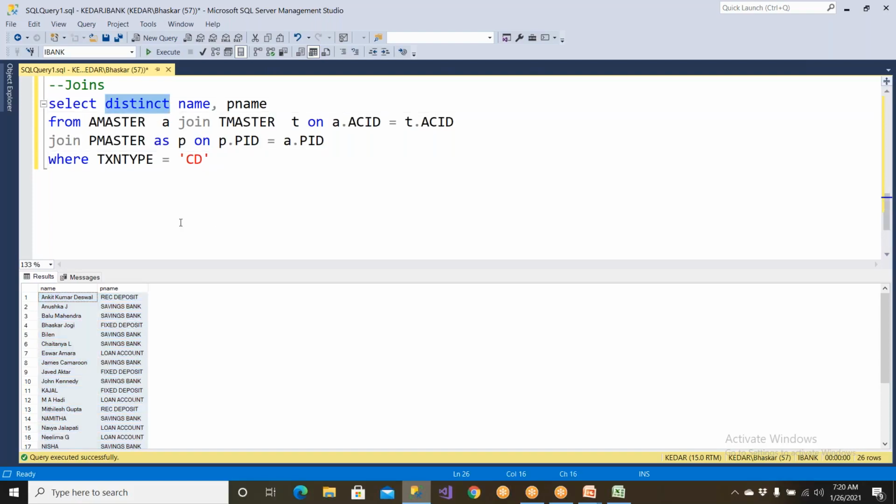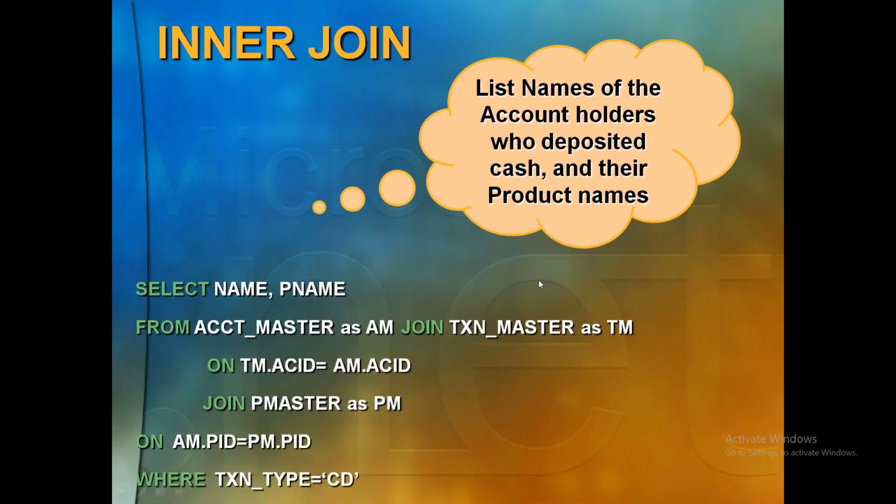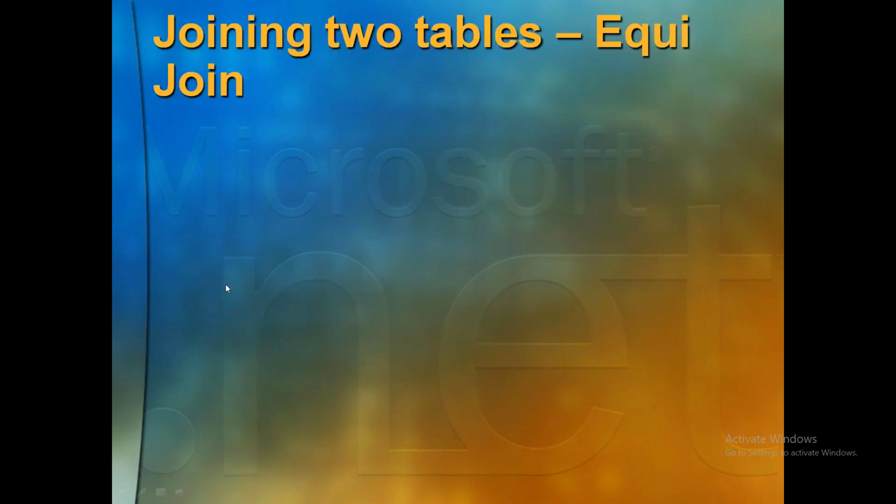If you don't check and submit the query, then your manager will kick you off. That means you are not testing the query results properly. Then he'll ask you, why are you showing duplicate data? I need simply names, but I never asked you to show that duplicate data, right? So if the customer has done multiple times, you need to use a distinct. Clear? So distinct is very, very important in this case.